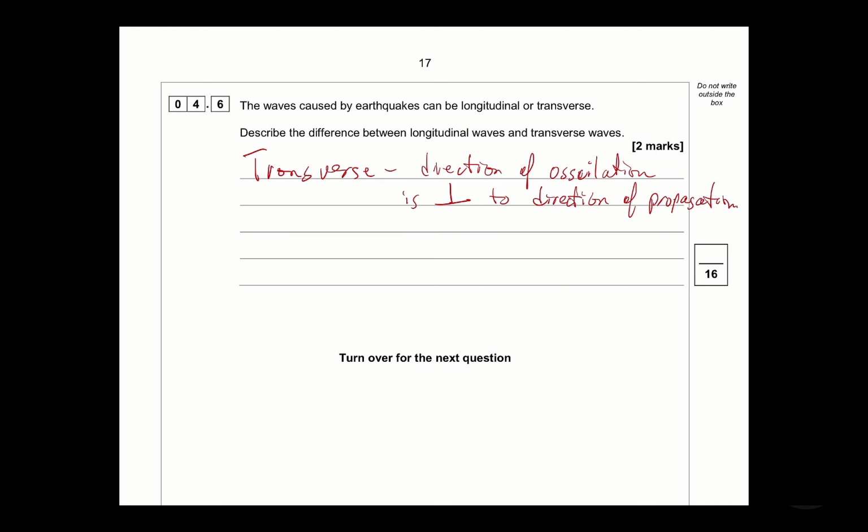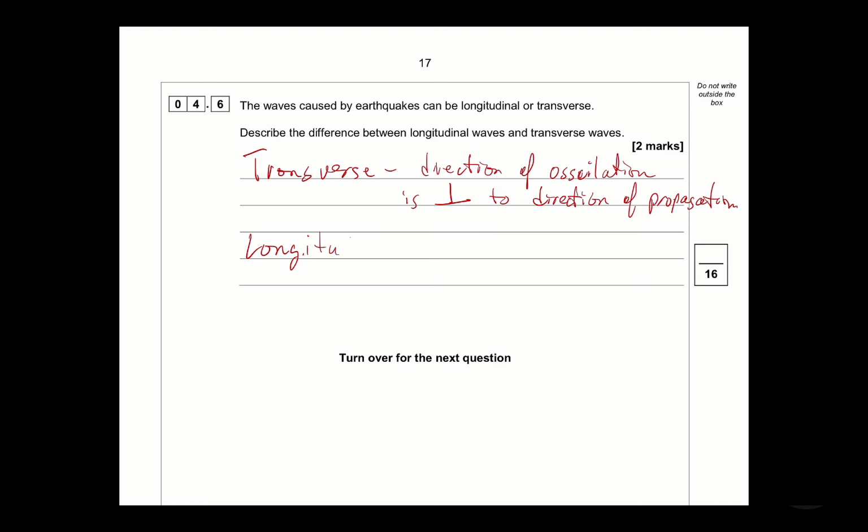Okay, so I would almost always use those words. You could also say, instead of propagation, the direction of energy transfer. Okay, because that's what propagation means.